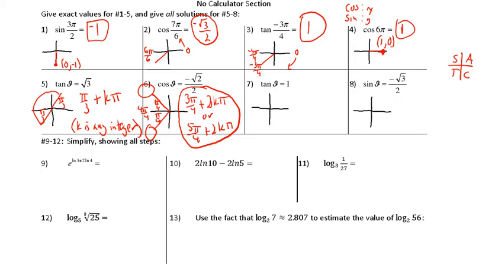What quadrants can we be in if tangent's positive? The first one and the third one. Right, first one and the third one, just like number 5. So they're pi radians away from each other, so I can just give one of them and say plus k pi. What's my reference angle? Pi over 4. Good, pi over 4. So pi over 4 plus any multiple of pi.